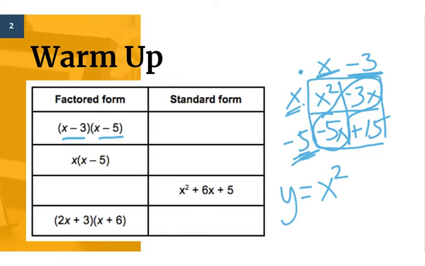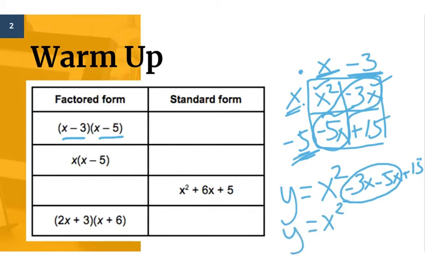So I have x squared minus 3x minus 5x plus 15. So now I'm going to combine my like terms, which gives me x squared minus 8x plus 15. All right, so that's my standard form.